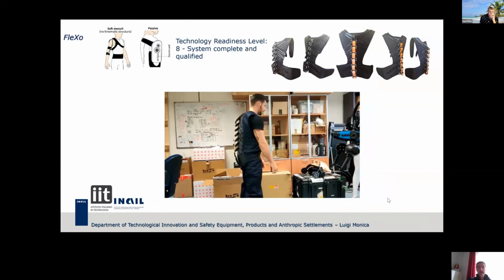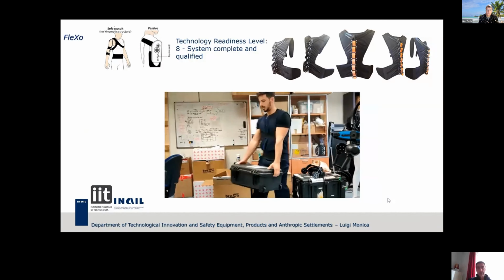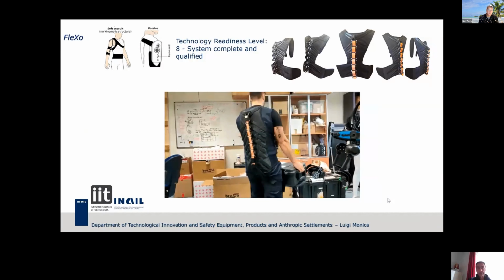First, Skull Flexor, an occupational exoskeleton classified as passive. We can see pictures using the occupational exoskeleton to be light. The technology readiness level of the device is 8. It's semi-soft.